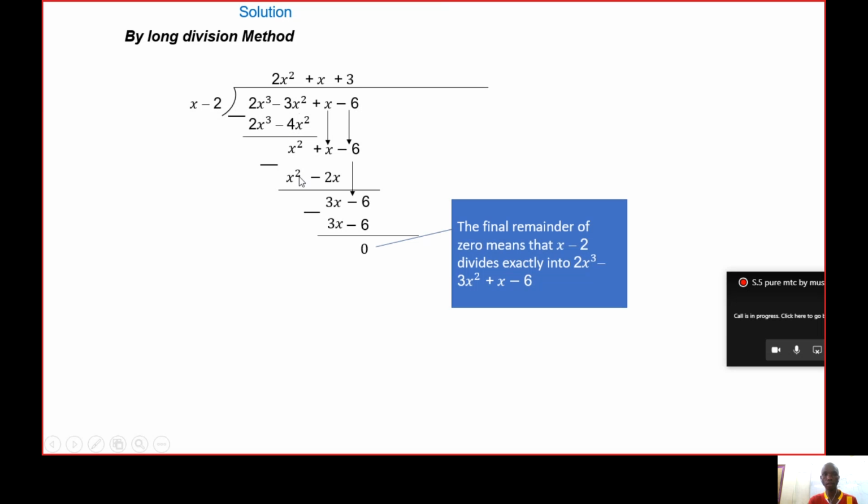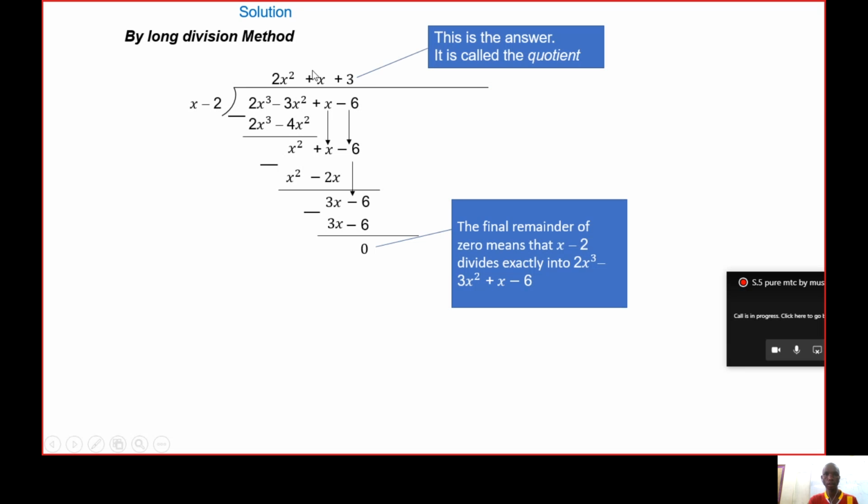It is the same as saying you are dividing 10 by 2. 2 is a factor of 10. It gives 5 with no remainder. So this is what we are looking at here.